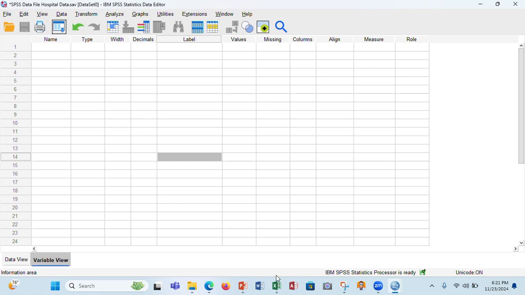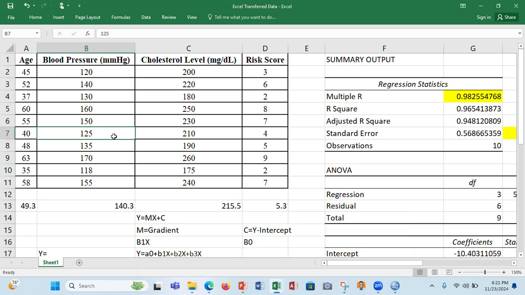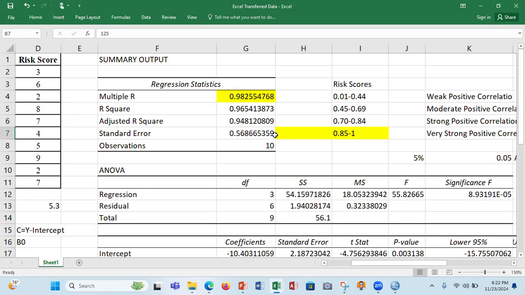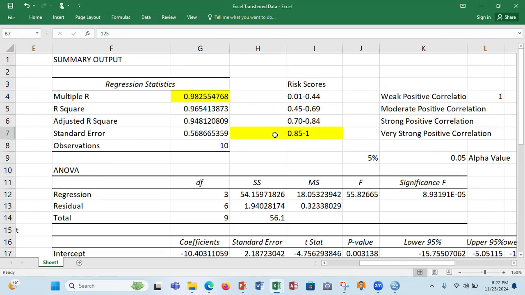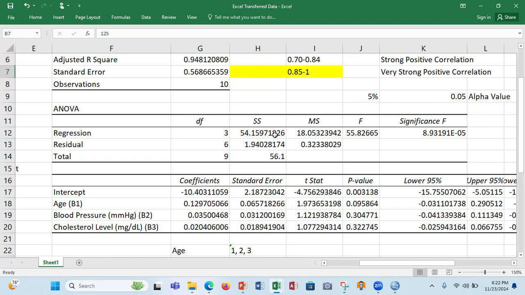Remember, in our previous tutorial, we saw how to enter data in Excel and also running regression analysis in Excel. So this data that we used while running regression analysis in Excel, as you see the output data here, is the very data we're going to base on to run in SPSS.